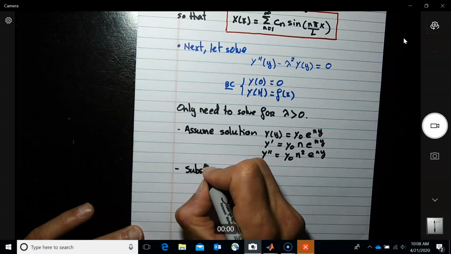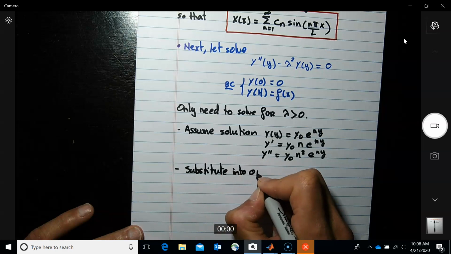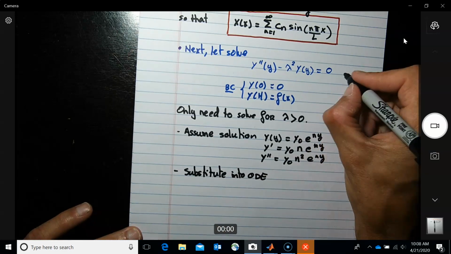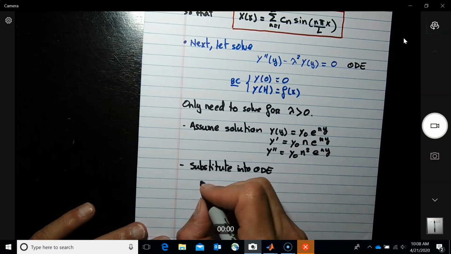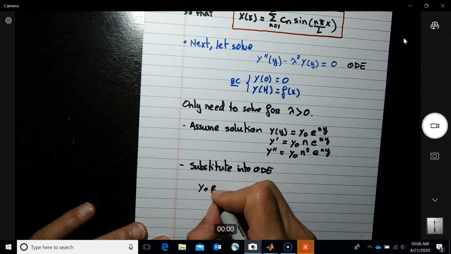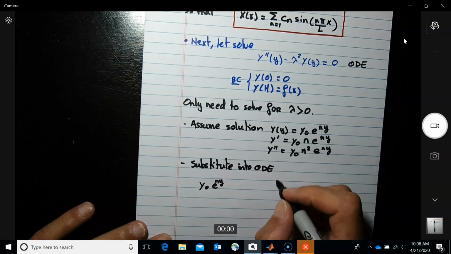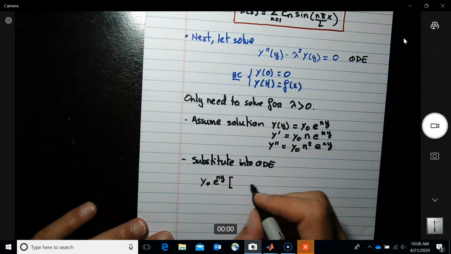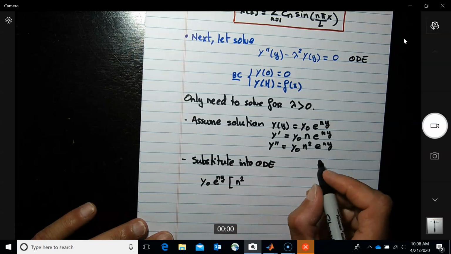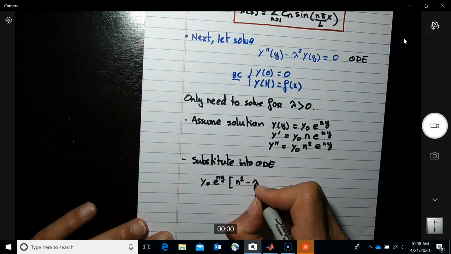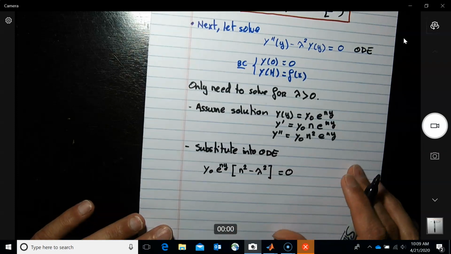Then we substitute into the ODE, which is this one over here. So what do we get? If we factor out y naught e^(ny), this will give us n squared minus lambda squared equal to 0.